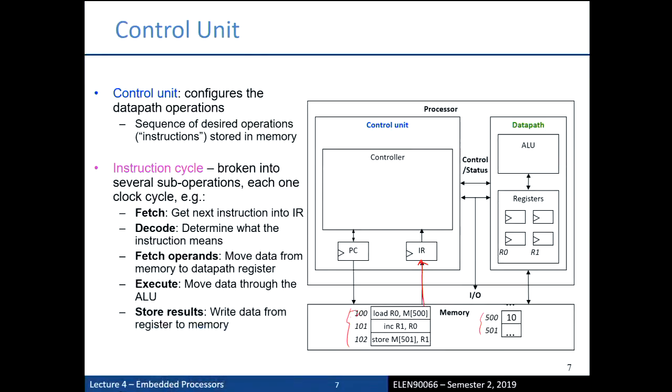Finally, it can then store the result either in registers or in memory, or from register to memory, or whatever. But we notice that there are distinct elements, sequences in the instruction cycle. We're fetching, decoding, getting the arguments or the operands, executing it, and then saving the result.